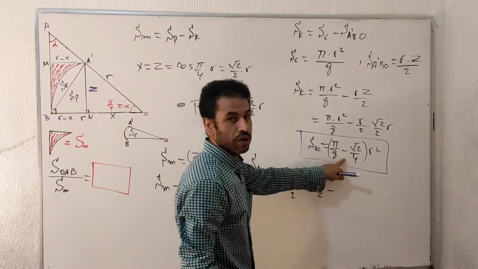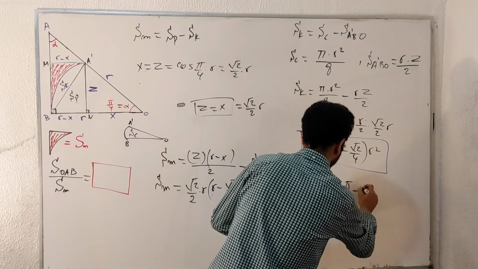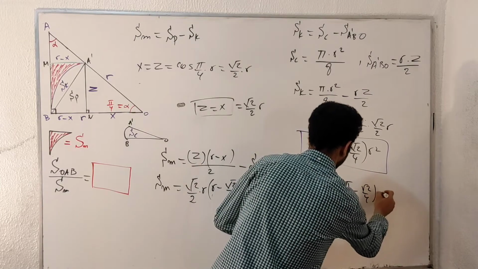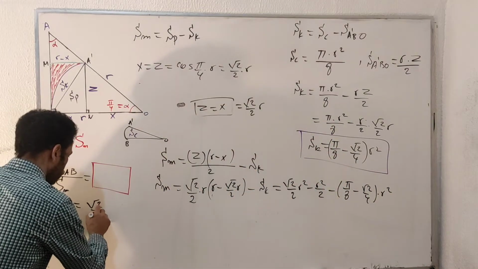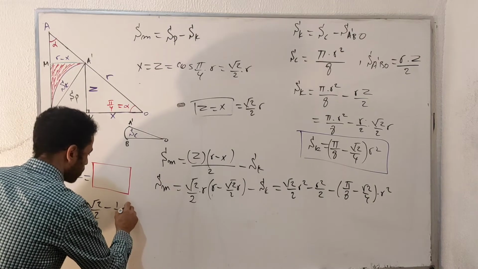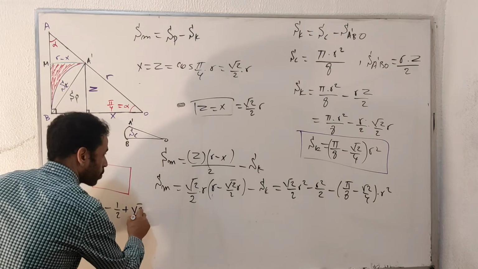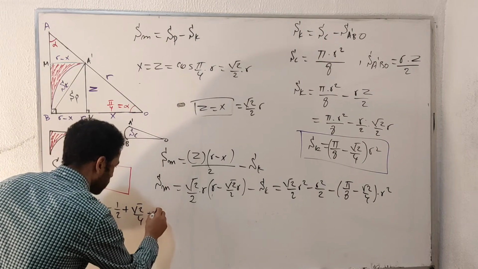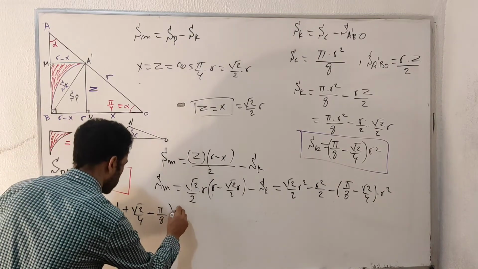Sk will be replaced with this one, so we'll get minus pi over 8 minus square root of 2 over 4 multiplied by r squared. Okay, square root of 2 over 2 minus half, minus square root of 2 over 4, which is plus square root of 2 over 4 minus pi over 8. The whole thing is multiplied by r squared, like this.